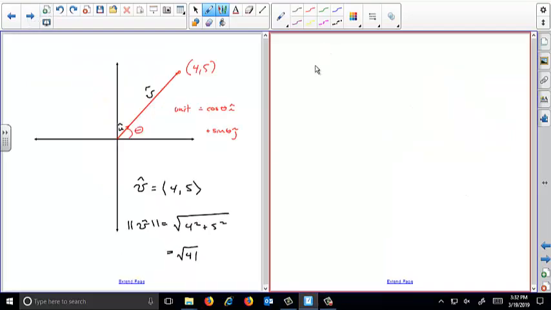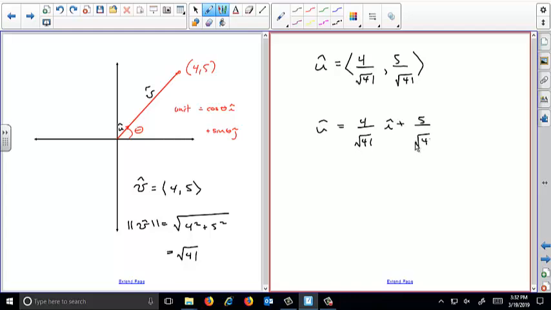So the unit vector is equal to 4 divided by the square root of 41, comma 5 divided by the square root of 41. Or we can do it in unit vector notation. It would be 4 divided by the square root of 41 times i plus 5 divided by the square root of 41 times j.